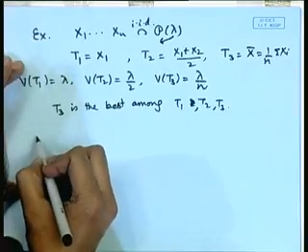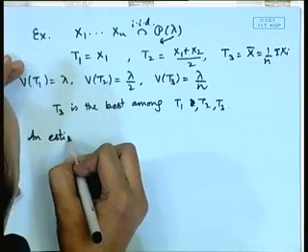So, this gives a procedure for checking which estimators are better. Now, among the unbiased estimators, the one which has the smallest variance, we call it the minimum variance unbiased estimator.